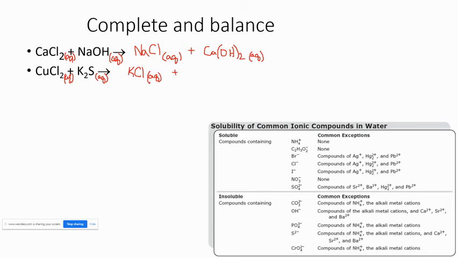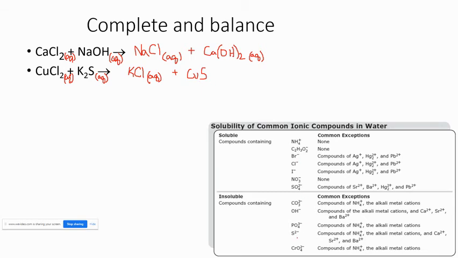Very good. And over here, we're going to have copper with sulfur. Copper has a +2 charge, so we have Cu, and sulfur has a -2 charge. +2, -2 cancels out. So let's look down here.